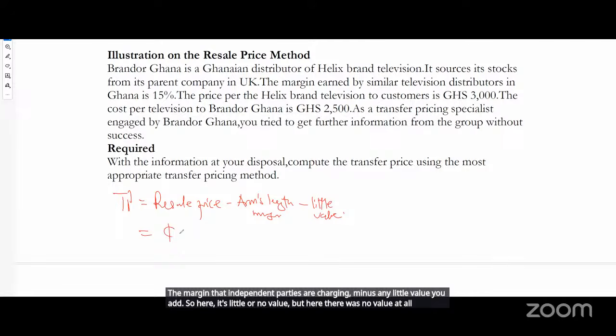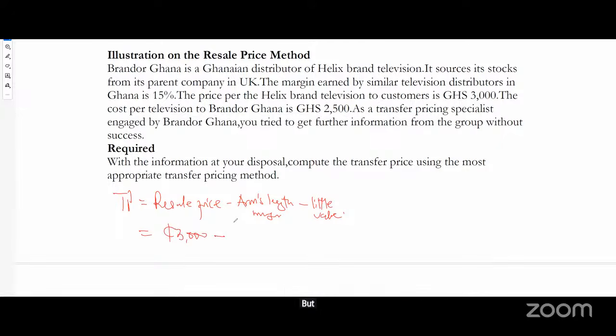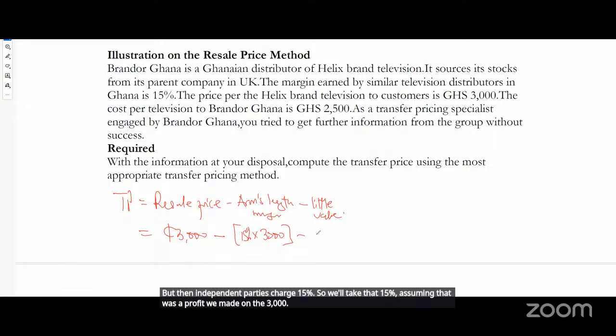So what's the resale price? We sell to people at 3,000. But independent parties charge 15%, so we take that 15%, assuming that was the profit we made on the 3,000. We take it out, minus any little value, and there was nothing. So 15% of the 3,000 should have been 450. So 3,000 minus the 450 would have given us what?